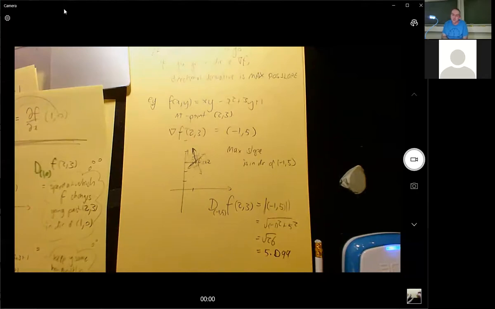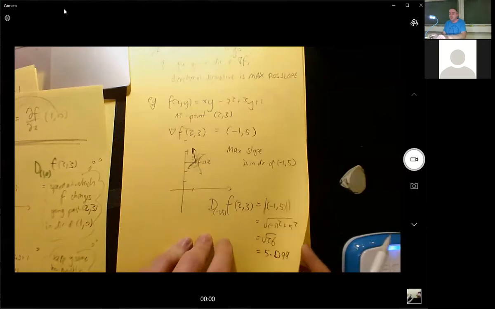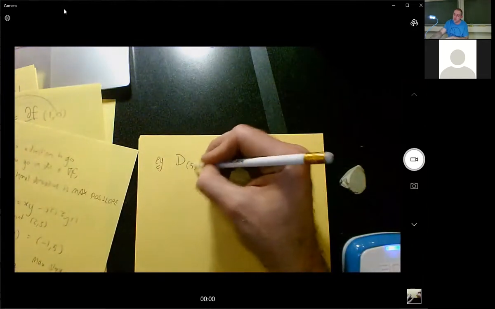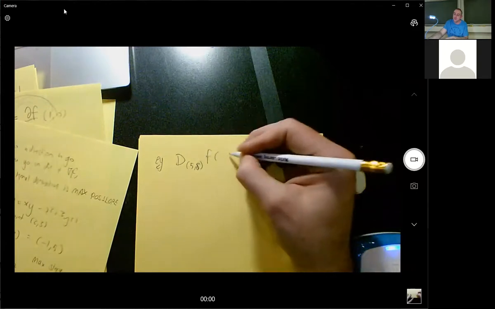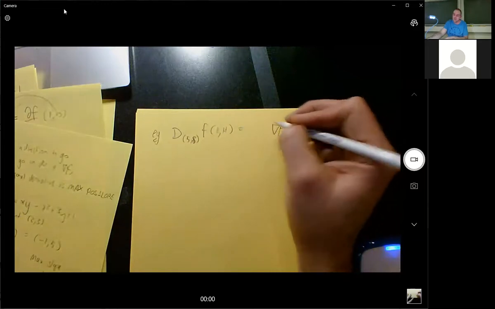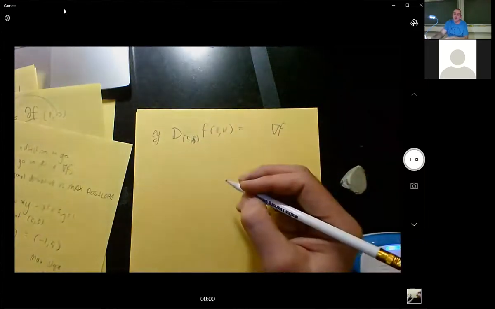They'll always tell you the direction. If you're told the direction at a particular point, then you need to figure out the gradient and you need to figure out a unit vector in this direction.